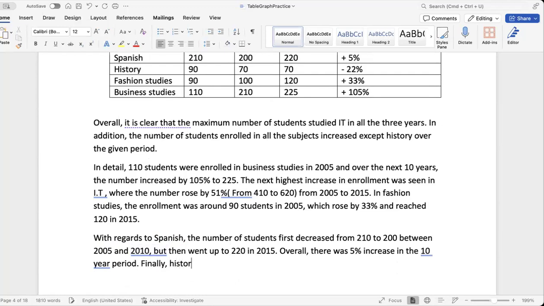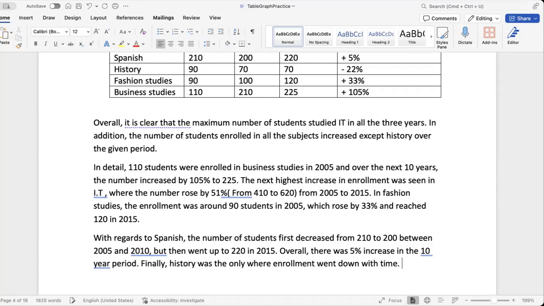History was the only subject, or by contrast, or finally, on the other hand, whatever you want to write. You can write on the other hand, you can write by contrast, you can write finally, everything is working here. Finally, history was the only subject where enrollment went down with time.